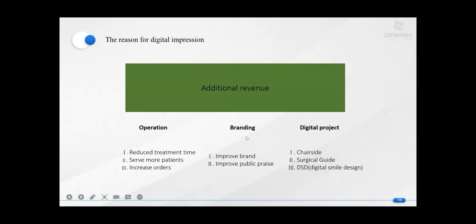And the second point is the branding. Digitalization is a very advanced concept at the moment, and digital products are also very advanced diagnosis and treatment tools. As one of the few outpatient clinics that has introduced digital products, the intraoral scanner can help clinics improve their oral brand and attract more high-quality patients.